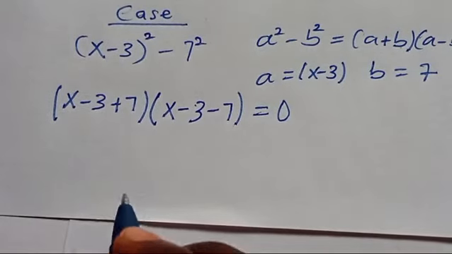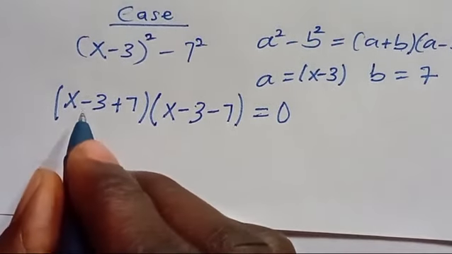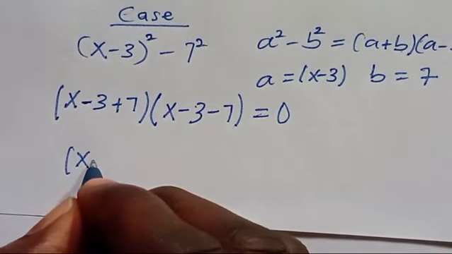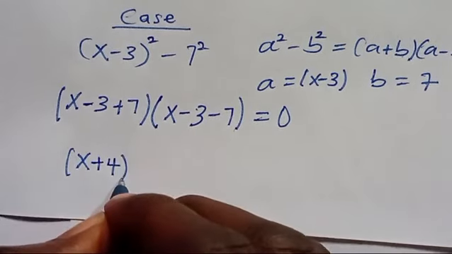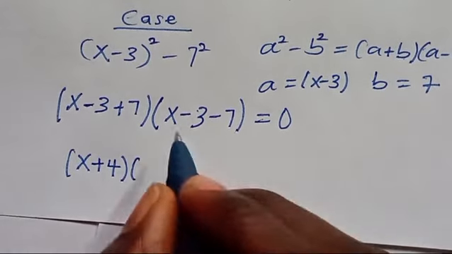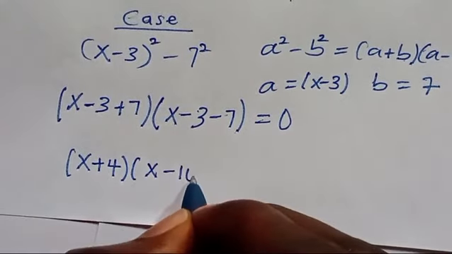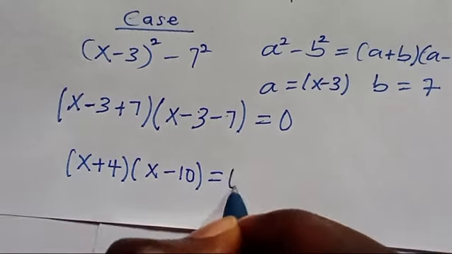So from here we have x, minus 3 plus 7 will give us plus 4, multiplied by, from here, x minus 3 minus 7 will give us minus 10, in parentheses, equals 0.